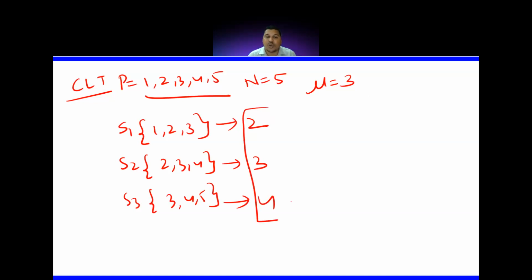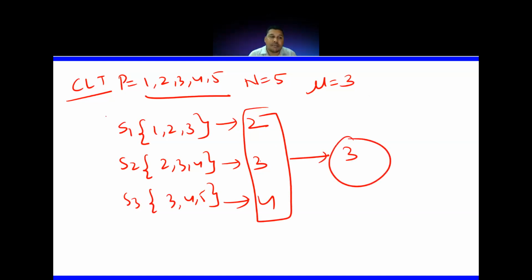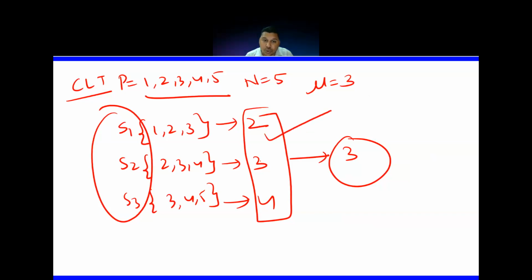Now these 3 again form your numbers. If you again find the mean of these, 2 plus 3 plus 4, 9 by 3, it is 3. So you see, when you randomly select 3 samples S1, S2, S3, and find the mean of each, and then again find the mean of those sample means, it is 3, which is equal to your population mean. Maybe this is a small example. Even if you take a larger one, you will not get exact.